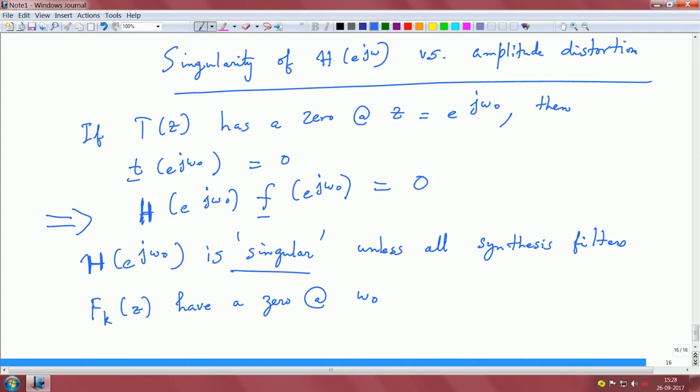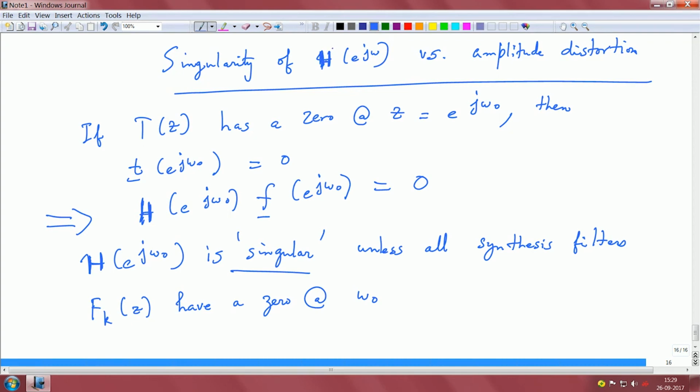So, if you want T of e^{j omega naught} to be equal to 0, then this would imply that H of e^{j omega naught} with F of e^{j omega naught} is equal to 0, and we know that F is basically a transpose stack of all the synthesis filters, and this is singular unless all synthesis filters have a 0 at this frequency, right, and this is the implication of amplitude distortion, which links the singularity in the alias component matrix.